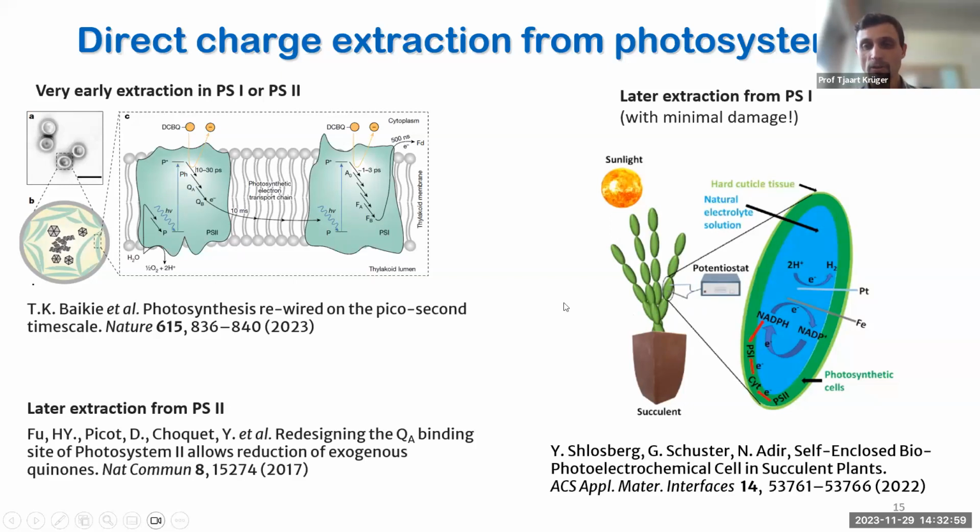Here on the right is also a very interesting example where succulent plants were used, like cacti, and electrons were extracted directly from these live cacti. It required minimal engineering, and the authors managed to produce an electric current directly by inserting the electrodes into the cacti. So this was, I think, quite a nice idea.